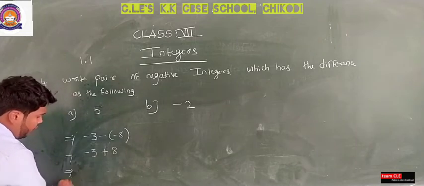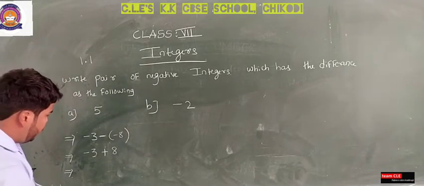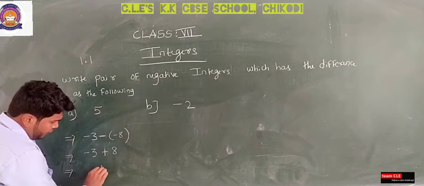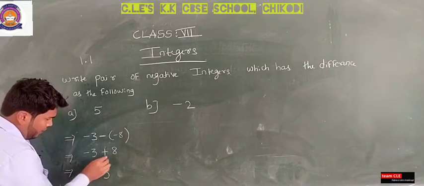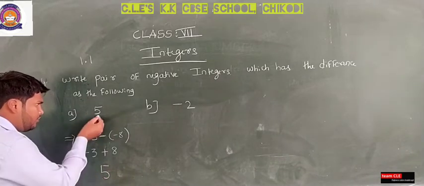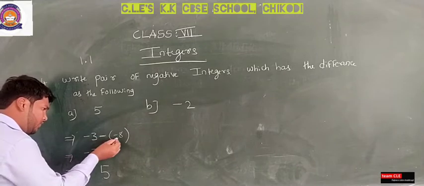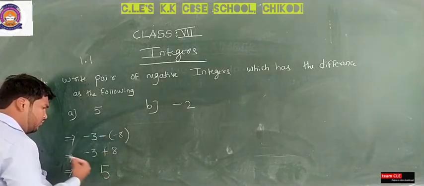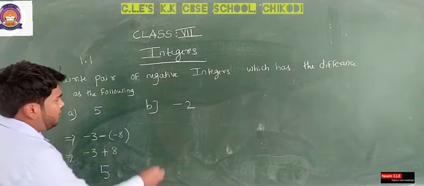Whenever you are adding or subtracting the two integers, you have to subtract, that is 8 minus 3, which is equal to 5, and by seeing the greater number's sign we keep that sign. If there is nothing, it is positive. So -3 minus of -8, minus into minus is plus, so 8 minus 3 is equal to 5.